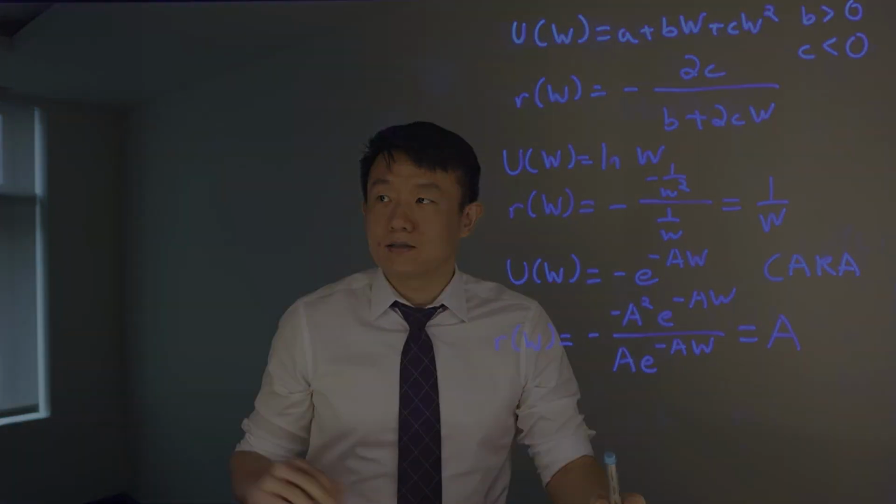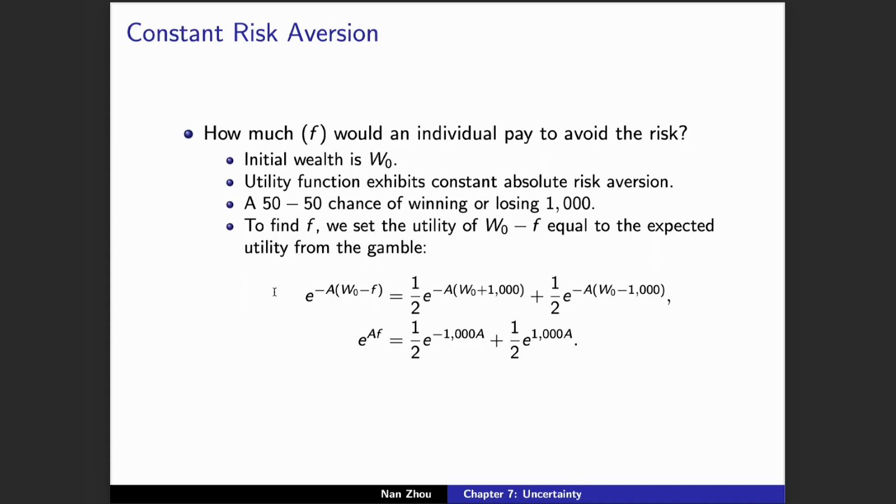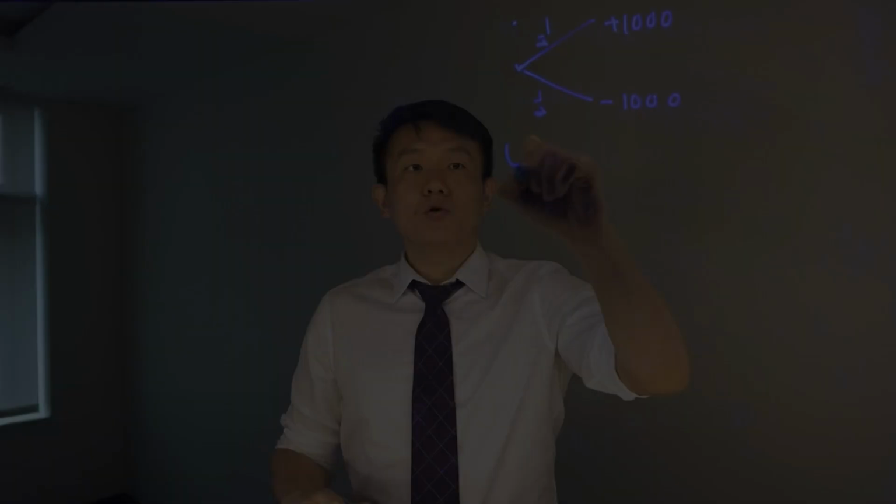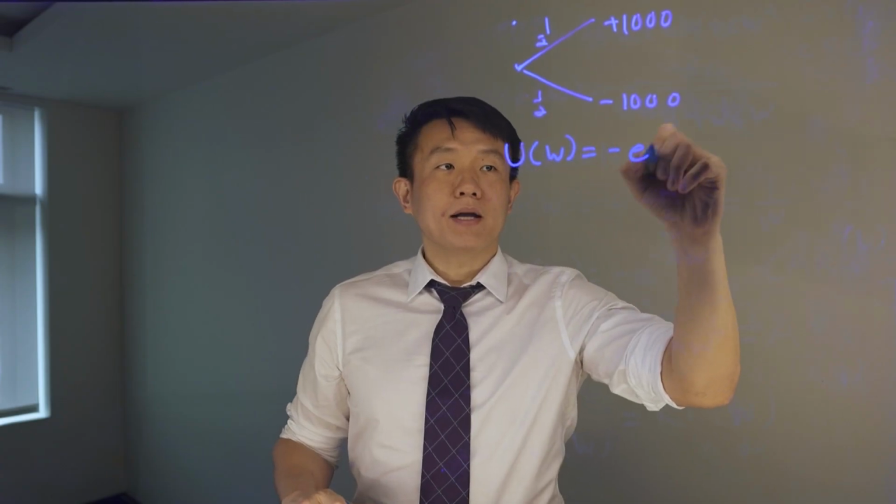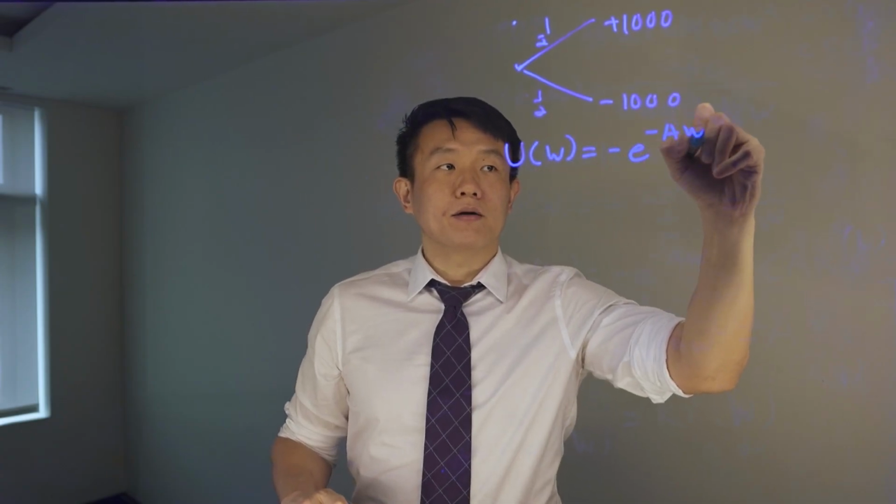So let's say that we had someone with CARA utility and they were presented with a coin flip of winning 1,000 or losing 1,000, and we want to find how much they're willing to pay to avoid this. So we want to compute the certainty equivalent. So U of W is minus e to the minus AW.